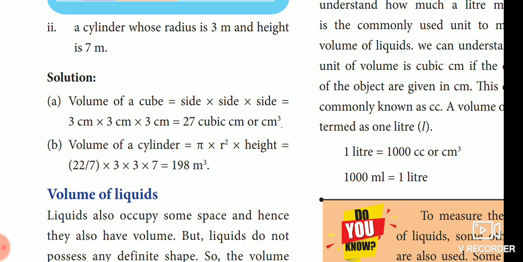Yes or no? So 22 by 7 into r value 3, into 3, and height value is 7. So I multiply height 7. Now the answer is 198 meter cube. Did you understand?